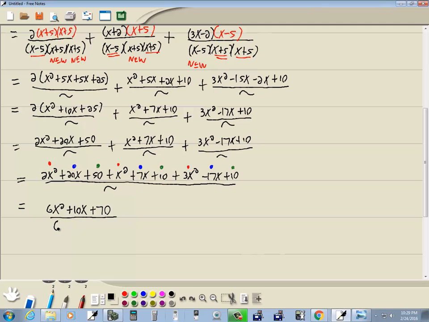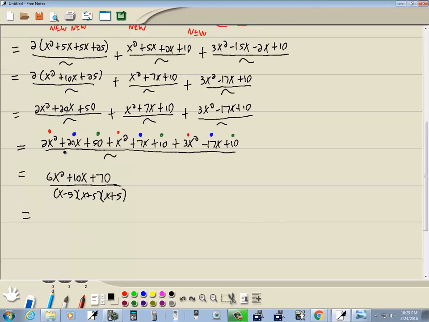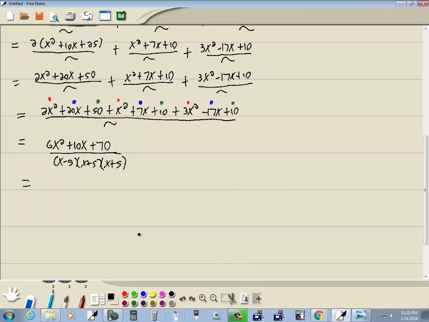Over x minus 5, x plus 5, times x plus 5. I see I can factor out a GCF up on top. I think just 2. So that gives us 3x squared plus 5x plus 35 over our denominator.